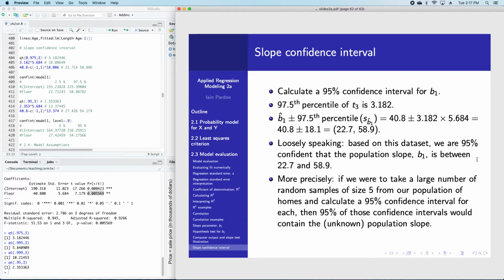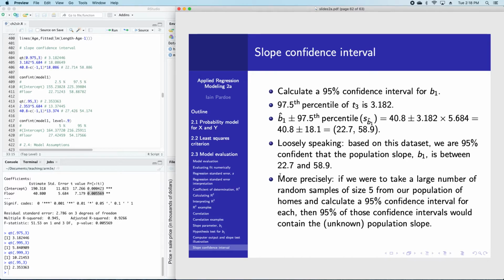If I want a more precise interpretation, I have to invoke the notion of repeated sampling and sampling distributions. So what that means is if we were to take a large number of random samples of size 5 from our population of homes, calculate a 95% confidence interval each time, then 95% of those confidence intervals would contain the unknown population slope.